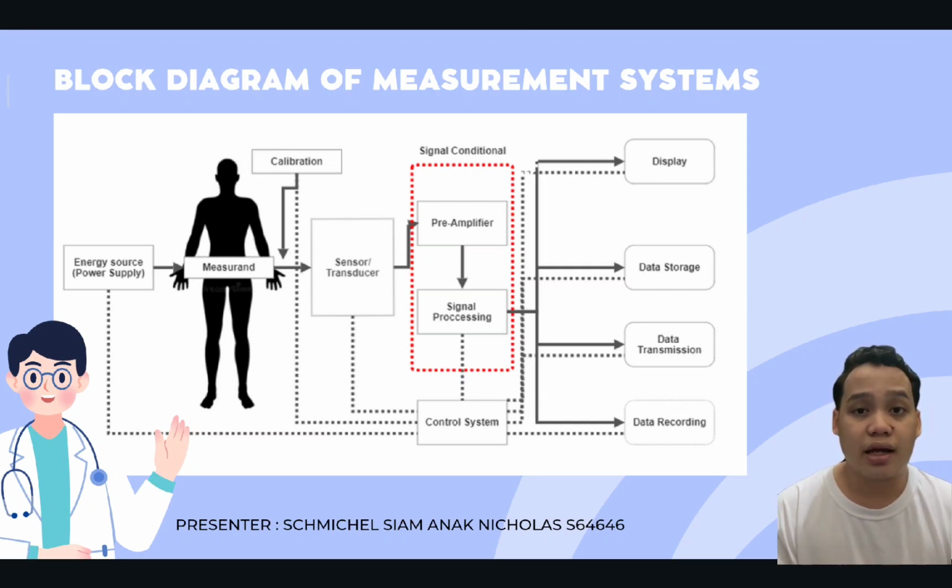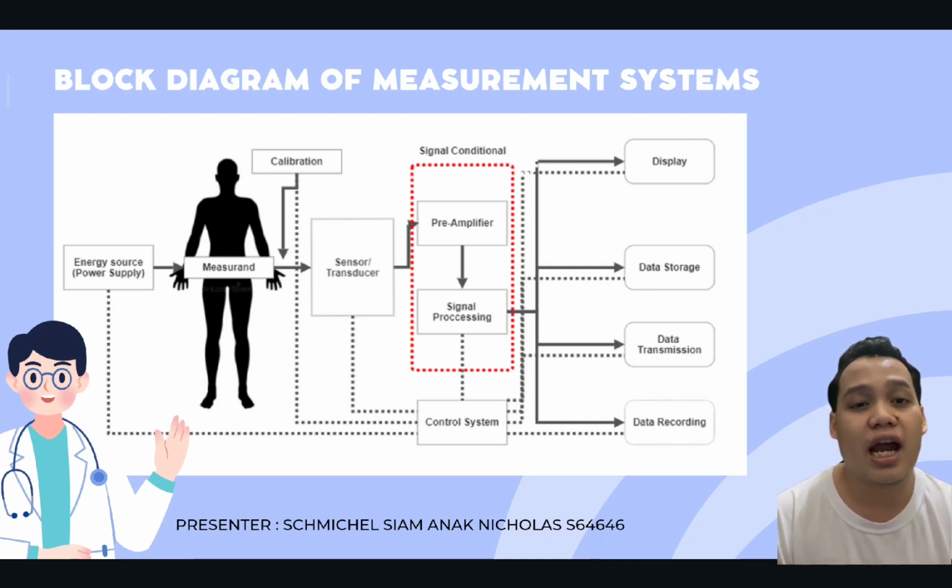Figure 1 in this slide shows a signal conditioning component, which is responsible for amplifying and filtering the signal from the sensor. It may also match the impedance of the sensor to the display, which is a computer. In this case, a microprocessor or specialized digital circuits are typically used to transform the sensor output into a digital signal for further processing.